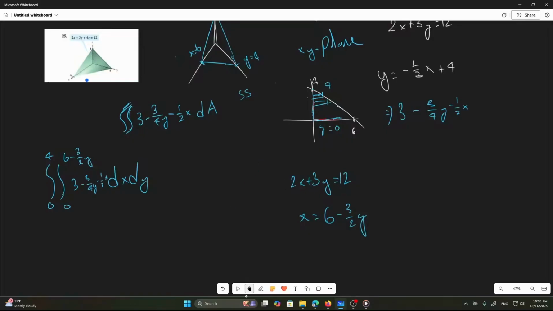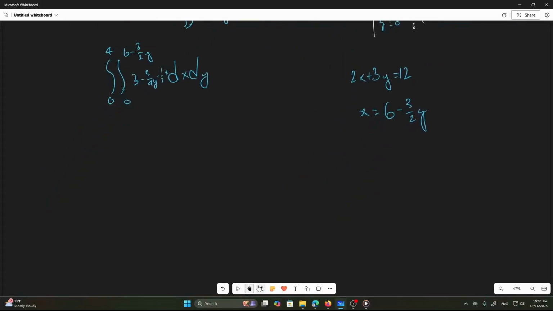Let me actually change this to a different color to let you visualize it more clearly. So let's solve the inner integral first. If we're evaluating with respect to x, we can treat y as a constant. So the outer bounds would still be 0 to 4, and the inner bounds, well, we would take the integral of the z function with respect to x.